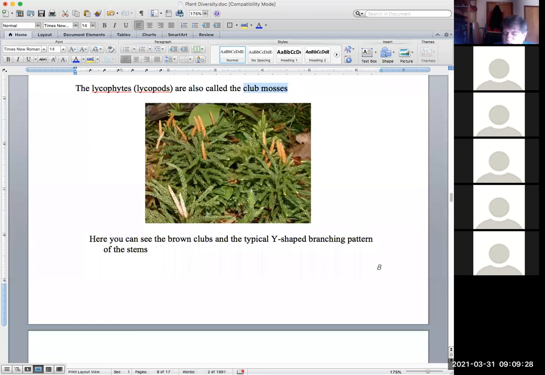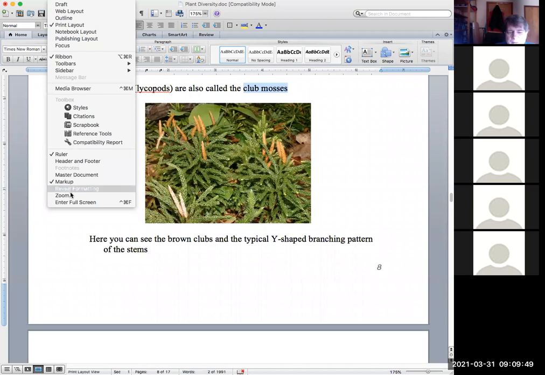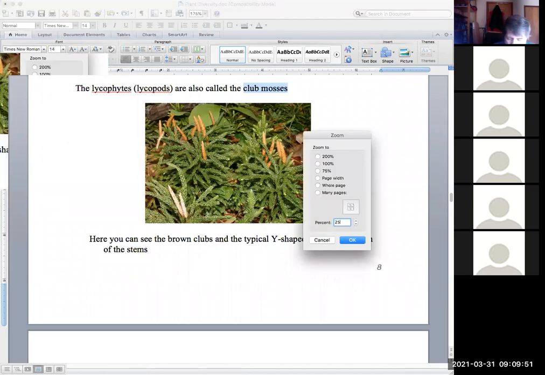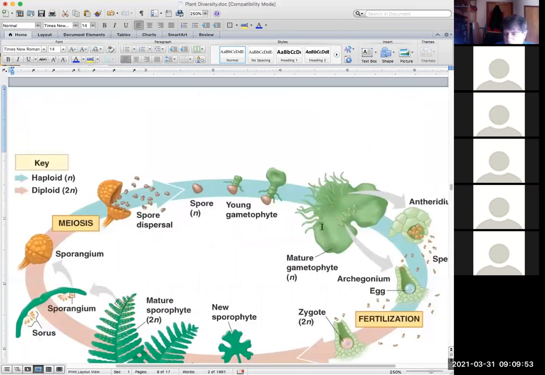Now, one of the things that makes lycopods distinctive is if we look at the stem or the trunk, however you'd like to describe it. Unless you have this downloaded on your computer, it may be hard to see on mine, but I'll try to magnify it a little bit more.